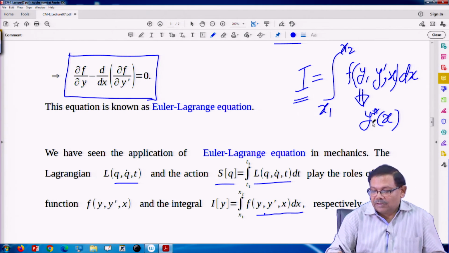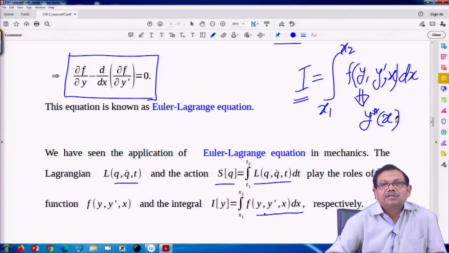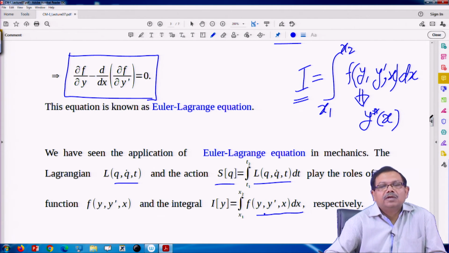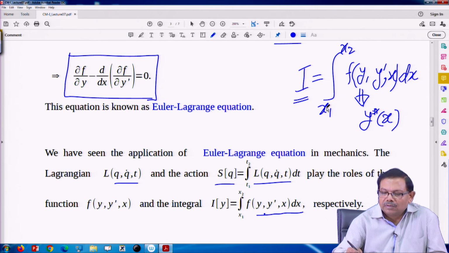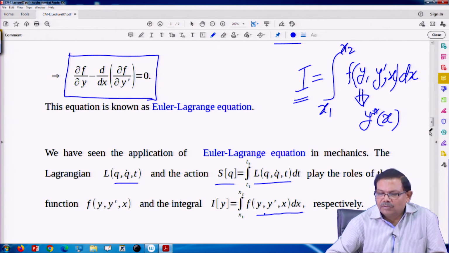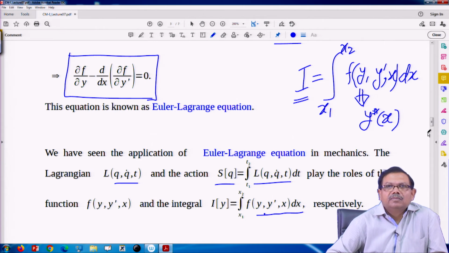If y star of x is not a specific value but a specific curve, and you change the curve, you look at different paths from point x1 to x2. I will vary it a little bit. So, it will have a stationary value, which may be a minimum, a maximum, or neither minimum nor maximum.